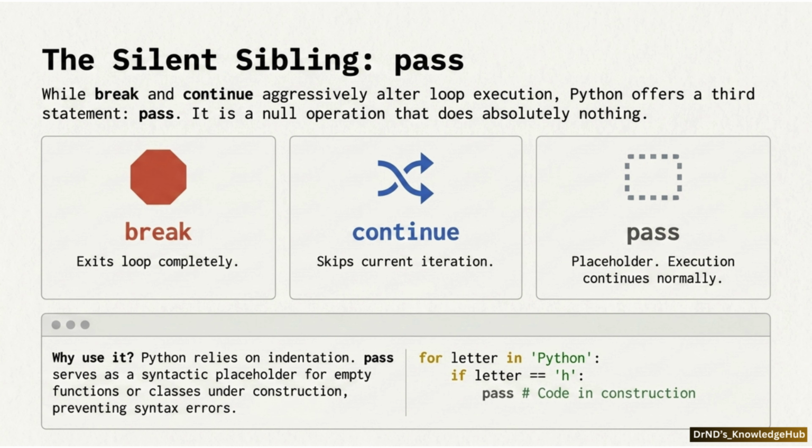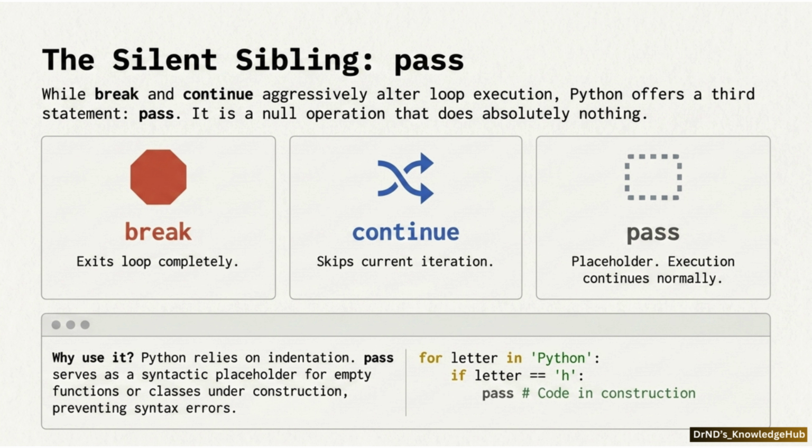For example, if letter == "H": after indentation, if we write pass, Python simply ignores this statement and continues execution normally. We will study pass in more detail in future lectures. For now, just remember: break stops the loop, continue skips one iteration, pass does nothing.